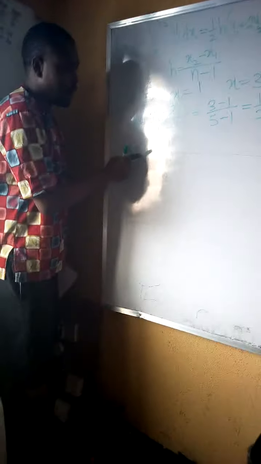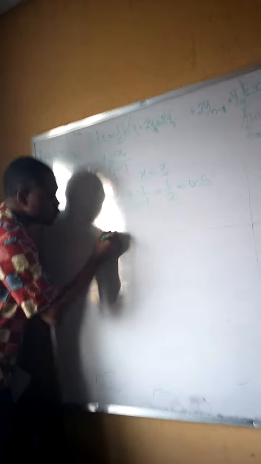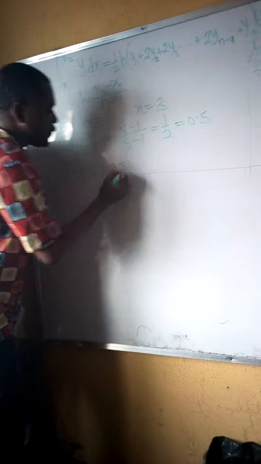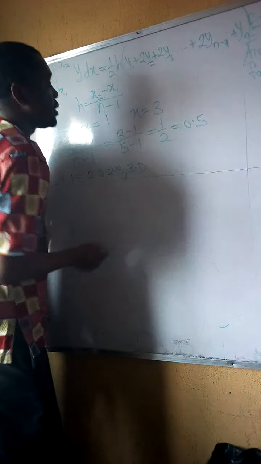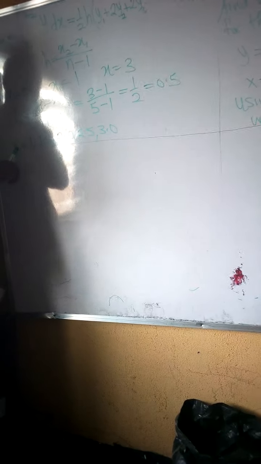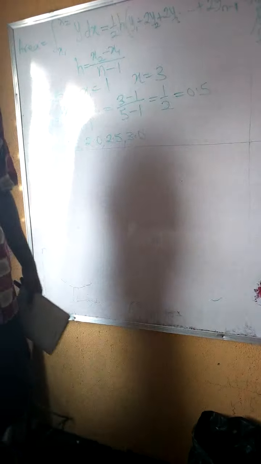So we are going to use values of x equals 1, 1.5, 2.0, 2.5, 3.0. So 1, 2, 3, 4, 5. These are the 5 values of x that we are going to use. So for every value of x, let's get the value of y.